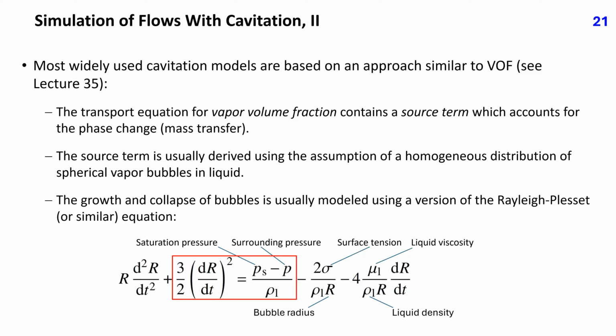This effectively means that small bubbles start growing only when the local pressure drops below Ps minus delta P. The last term on the right-hand side describes the effects of liquid viscosity, which postpones bubble growth when dR by dt is greater than 0, but accelerates its collapse when dR by dt is smaller than 0.